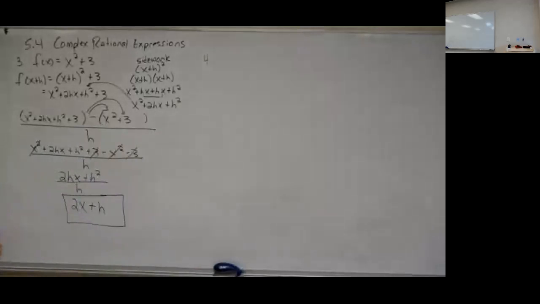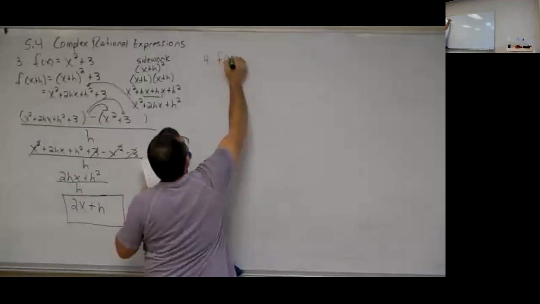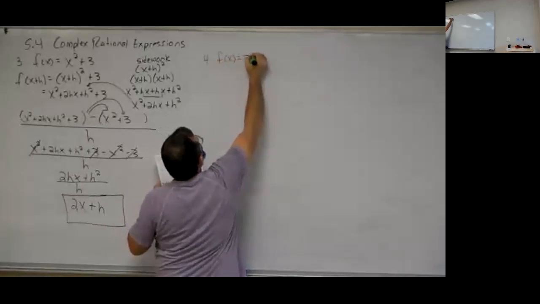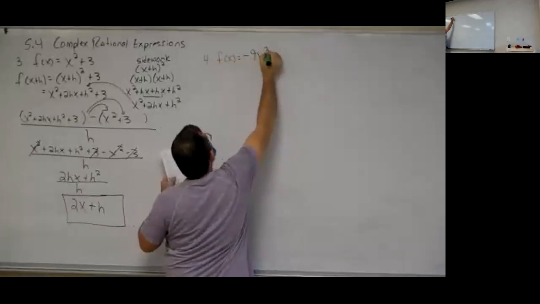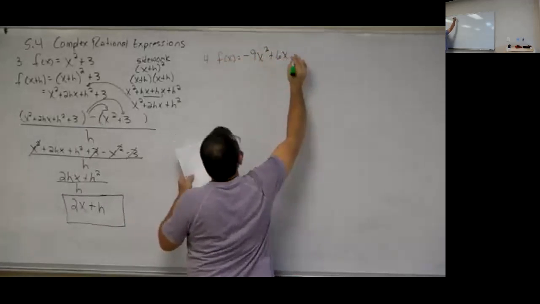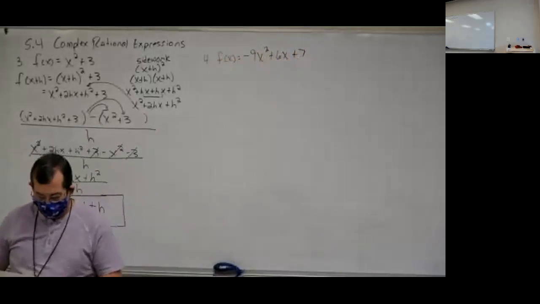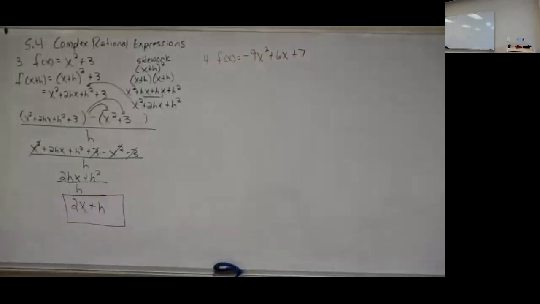All right, y'all, number 4, I got this. F of x equals negative 9x squared plus 6x plus a 7. And I think this is the one they love to put on our test, okay?